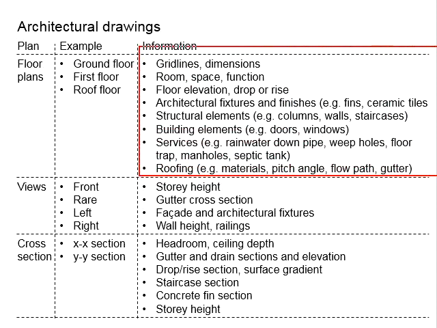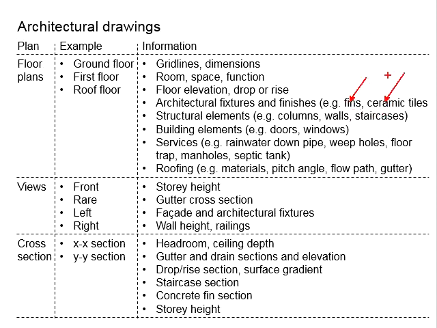This is the information that you can refer to from the floor plans, which includes the grid lines, the dimensions, the rooms, the space and its functions, the floor elevations, the drop or rise, the architectural fixtures and finishes, such as the floor finishes and ceramic tiles, the structural elements, such as columns, walls, staircase, the building elements, such as the doors and windows, the services, such as the rainwater downpipe, waste pipe, floor traps, manhole, septic tank, as well as the roofings.